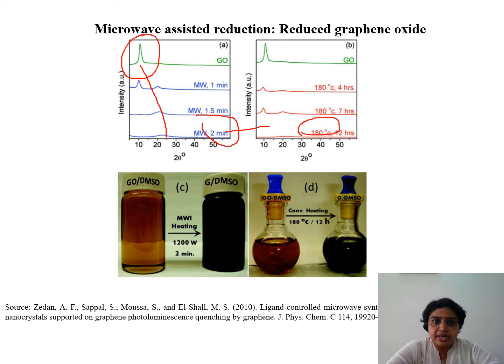So here, this is your graphene oxide dissolved in DMSO and then processed for 2 minutes in microwave at 1200 watt. And this we can do in our domestic oven as well. So it is a very simple setup with very low power consumption. In the conventional method, it took 12 hours at 180 degrees centigrade. Such a huge difference in time as well as power.